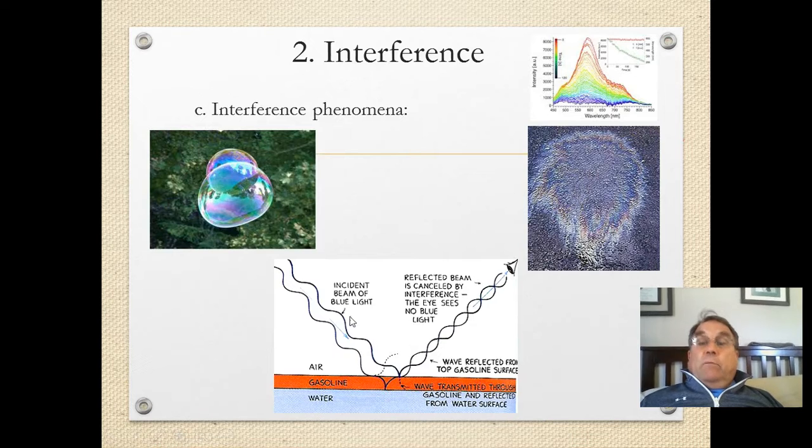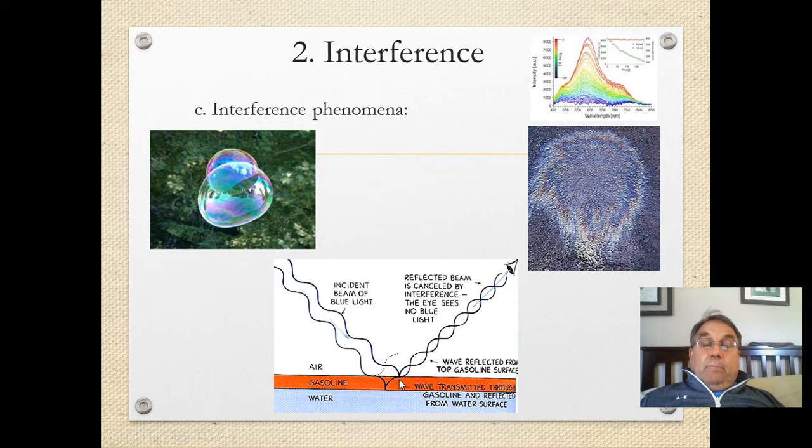And then a similar thing with soap bubbles. Soap bubbles and oil slicks, or this is a gasoline stain on a driveway. Okay, so you have air and gasoline and water, and the gasoline is in different depths. In fact, you can think of this as kind of a topo map where the gasoline is at different depths. So you have light that's reflecting off the surface of the gasoline, as well as the surface of the water.